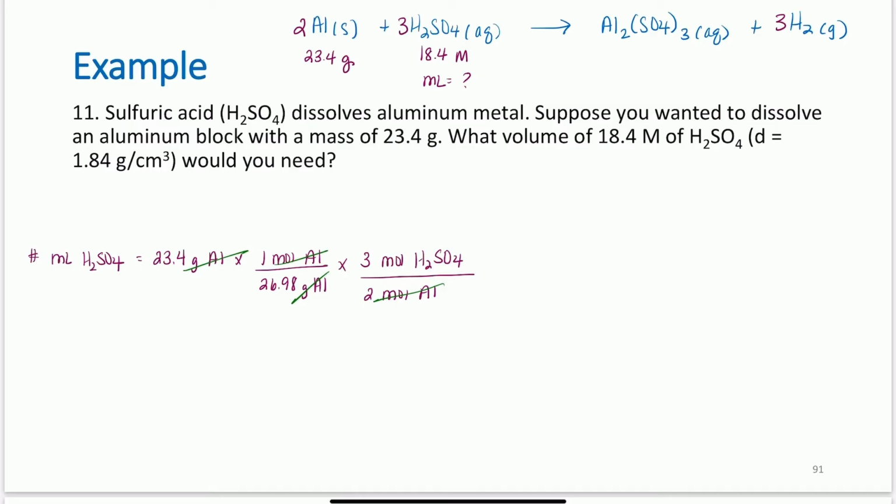Now that I have moles of sulfuric acid, I can go ahead and use my molarity here, 18.4 molar, where that means 18.4 moles of sulfuric acid to 1 liter of solution. So 1 liter of H2SO4 solution to 18.4 moles of H2SO4.